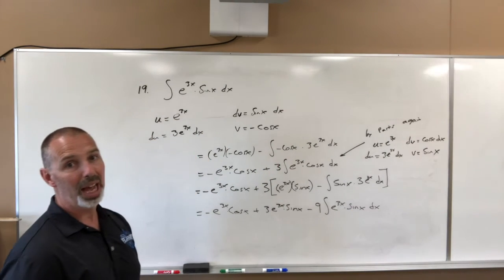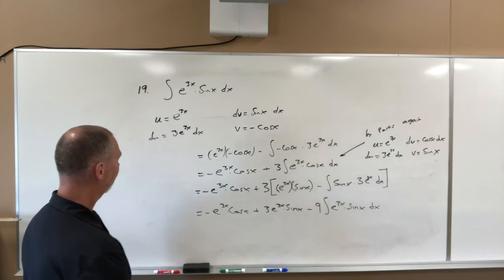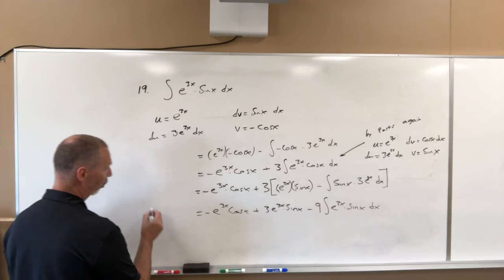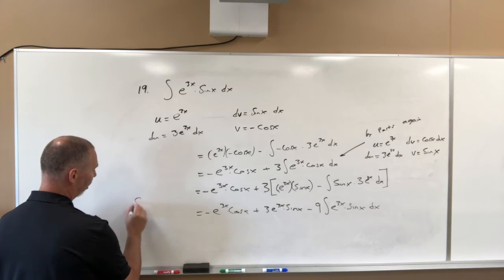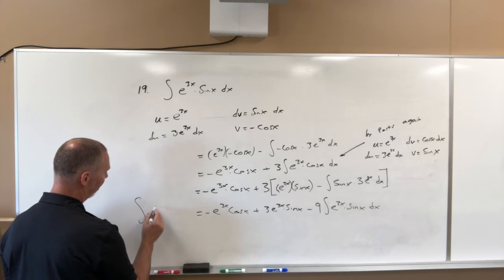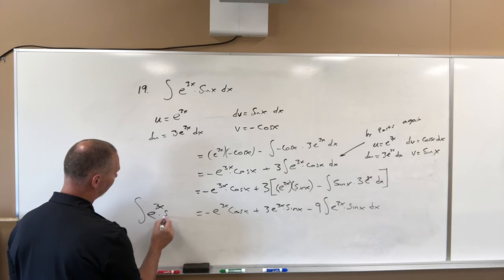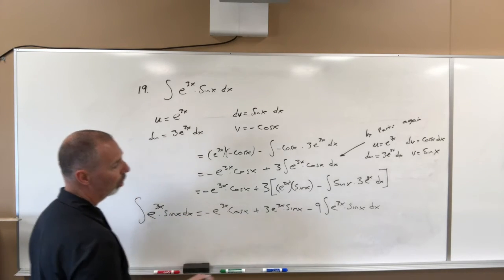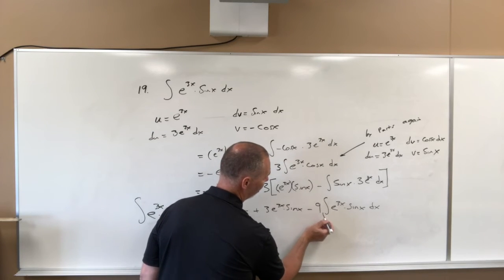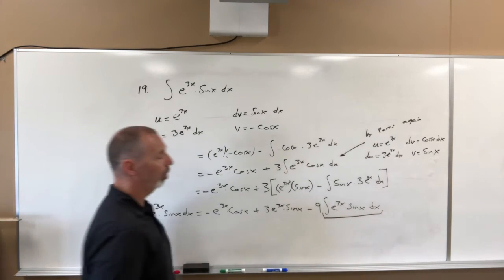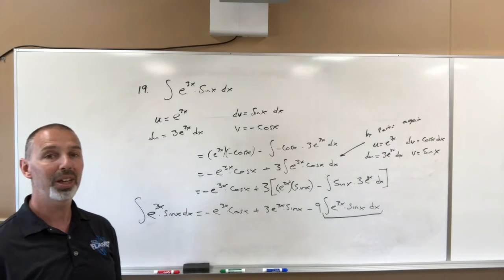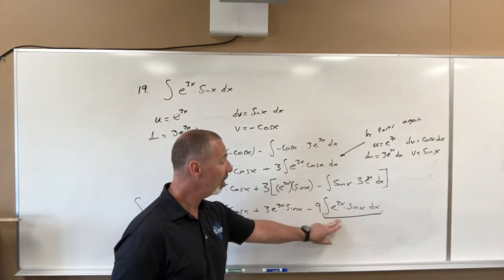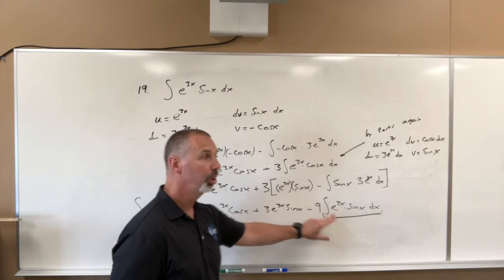Now here's where we have to recognize something. The question was, and so this all equals our question, which was the integral of e to the 3x times sine x dx. Well, look what we have here. We have the integral of e to the 3x sine x. I'm going to add this negative 9 integral to both sides.